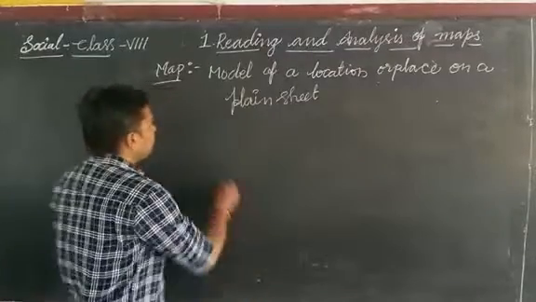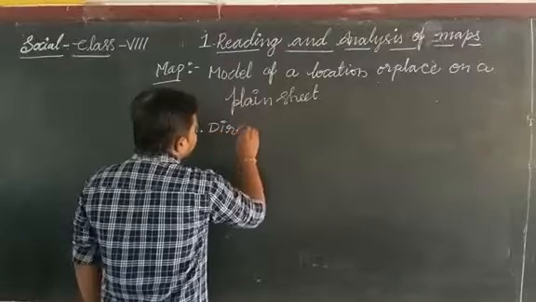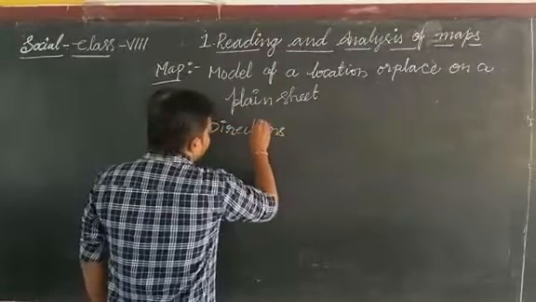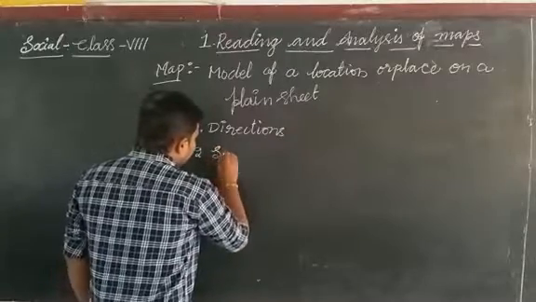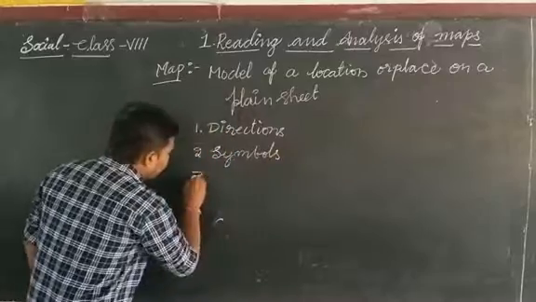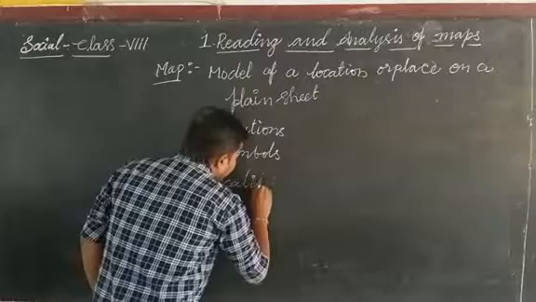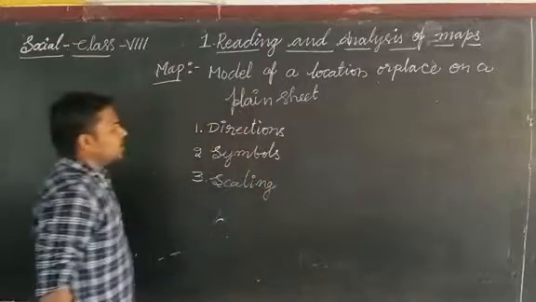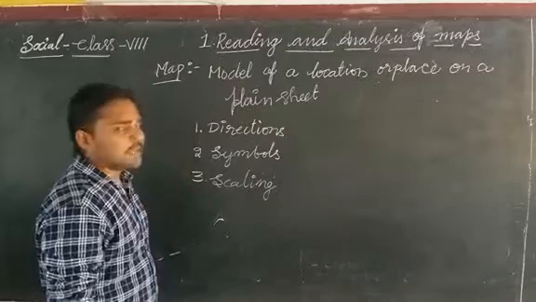The first one is directions, the second one is symbols, and the third is scaling. These are the factors which we can use to read and to make the maps.